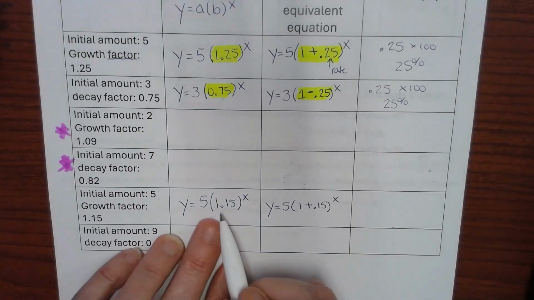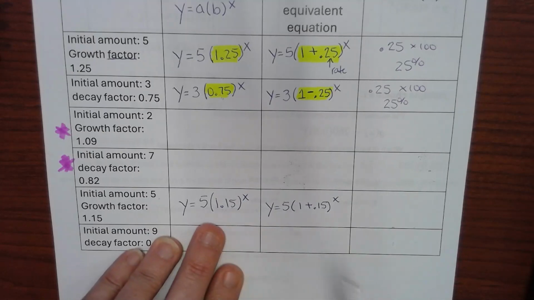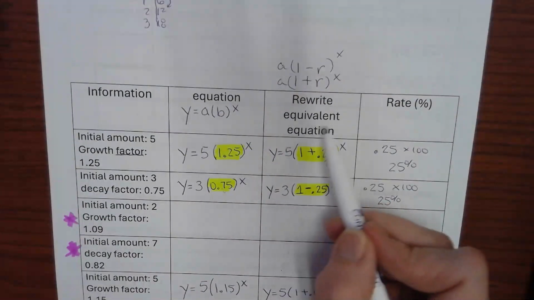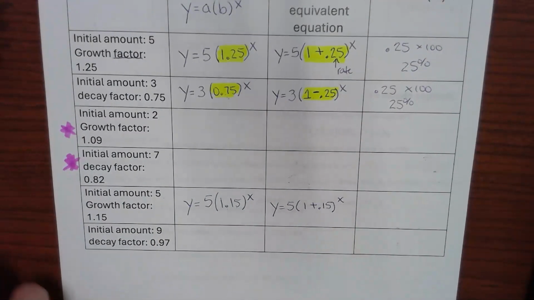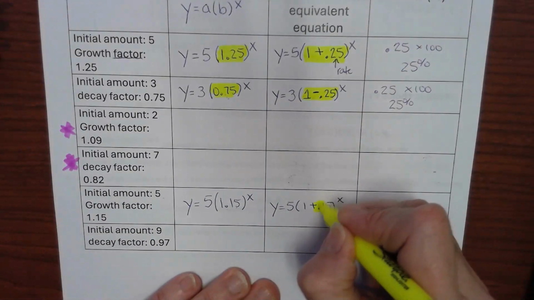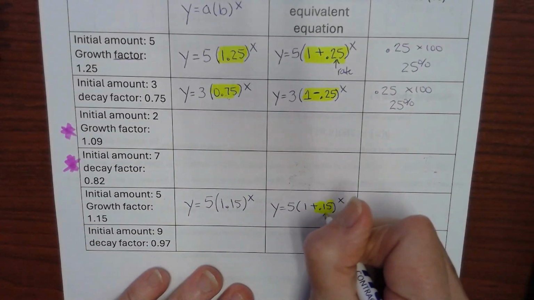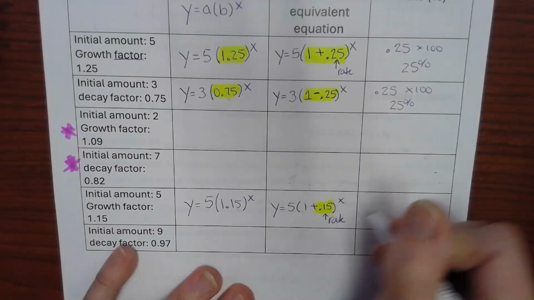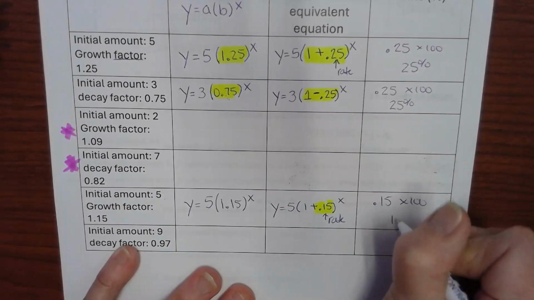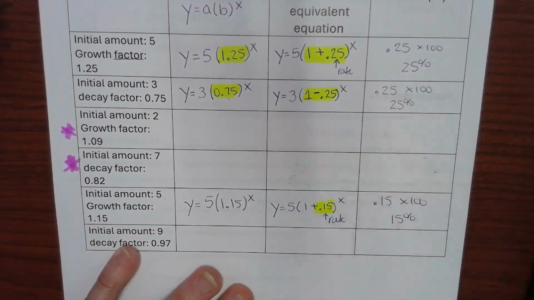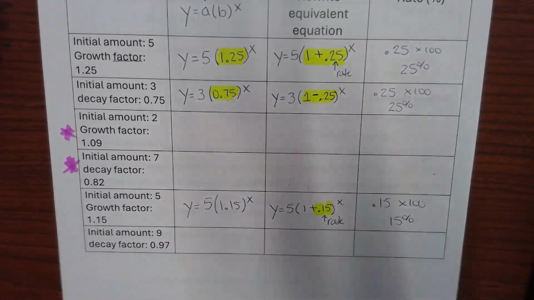So notice, 1 plus 0.15 is equivalent to 1.15. That's why we call it an equivalent equation. And because I rewrote it in this fashion, this here is my rate. So it's 0.15, and I need to multiply by 100 to turn it into a percent. So that is a 15% growth rate.